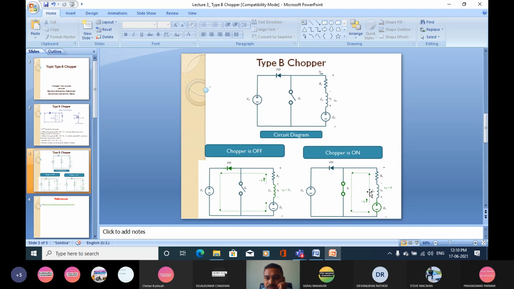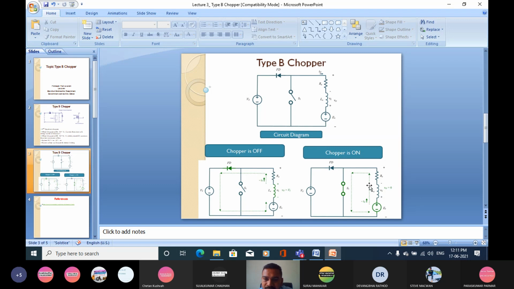So this is the path of output current flowing through this circuit. At that time this freewheeling diode is in reverse bias condition and remains off, so current will not flow through this freewheeling diode.